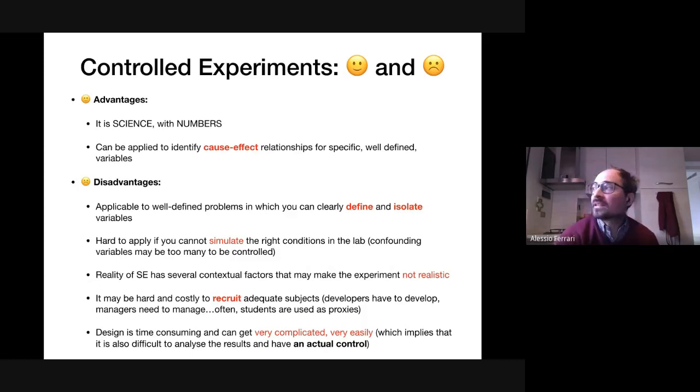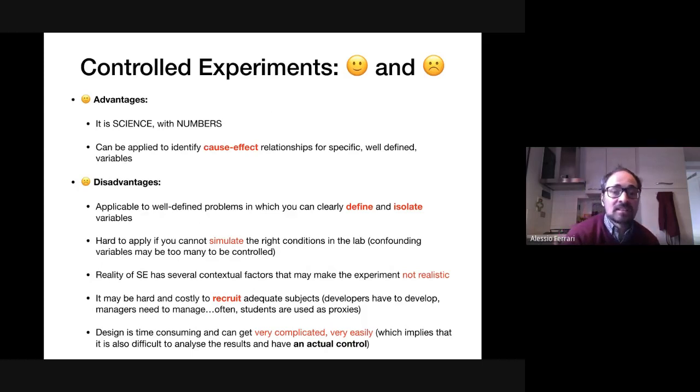In software development, you have 8 hours of programming in a day or even more, and in addition you are dealing with a dynamic and ever-changing context with several people coming to the developers, emails coming, requests coming randomly. So it is a much more complex reality that changes the behavior of the developer and that influences the behavior of the developer. And of course, recreating this complexity in the lab is not possible, even just for the matter of time.